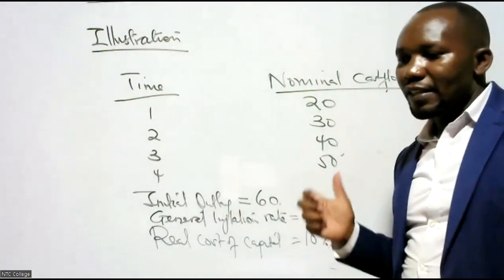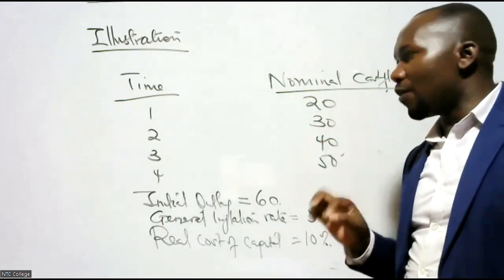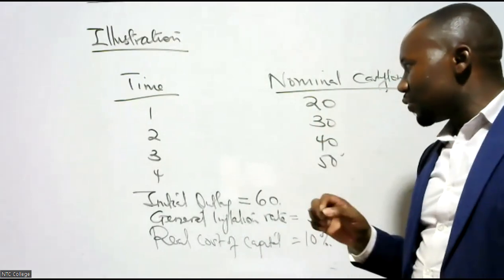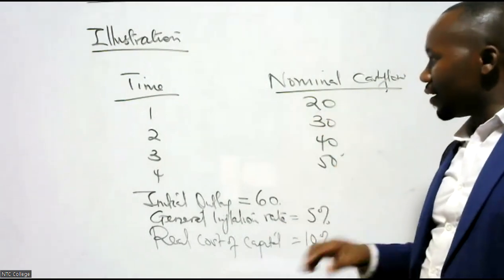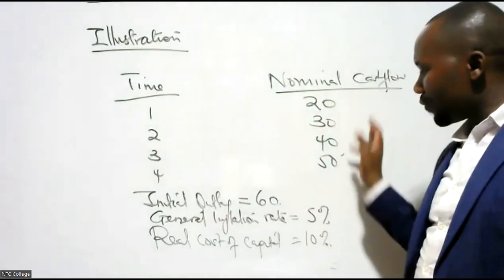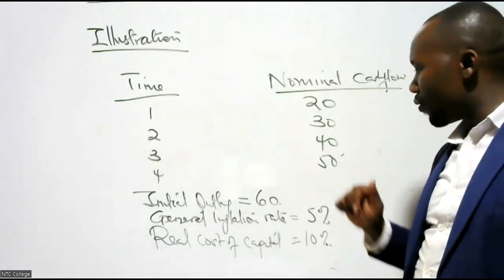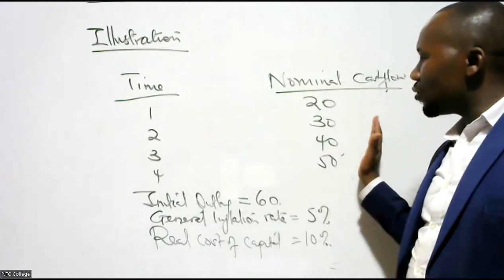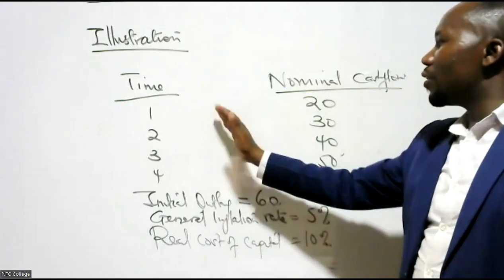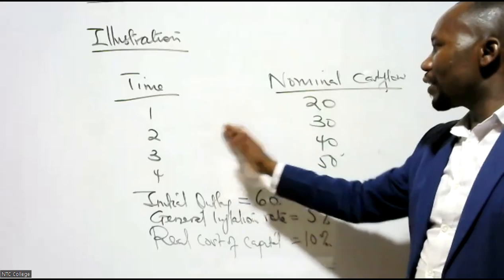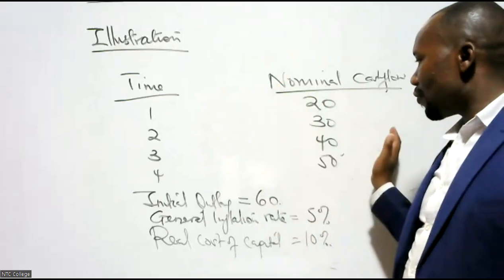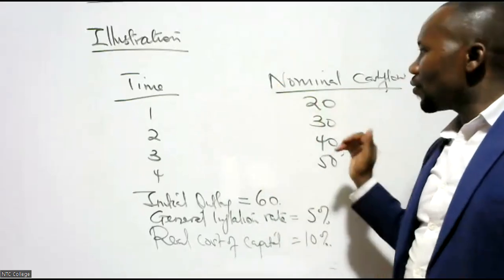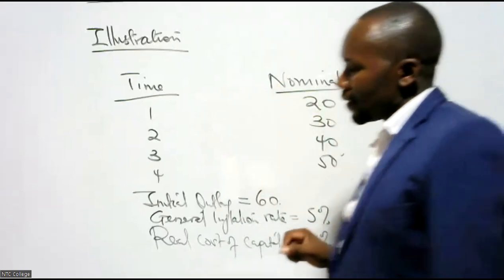So the idea is to look at the question, what the examiner wants. Does the examiner want you to calculate NPV? Because with this information, you can get NPV. You have the period, you have the cash flow, you have the rate, you have the IO. Does the examiner want you to calculate NPV using nominal rate or nominal cash flow? Or they want you to use real cash flow or real rate? So you need to listen to what the examiner now wants.